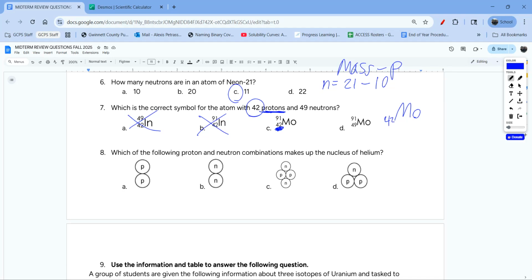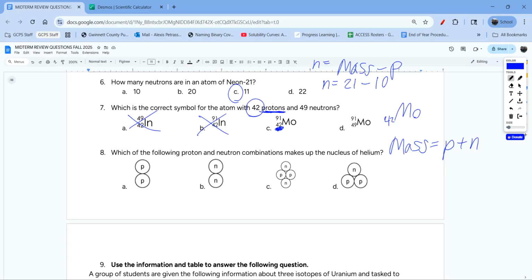Now, to find the mass number, proton plus neutron. Do you see that they're flipped around?